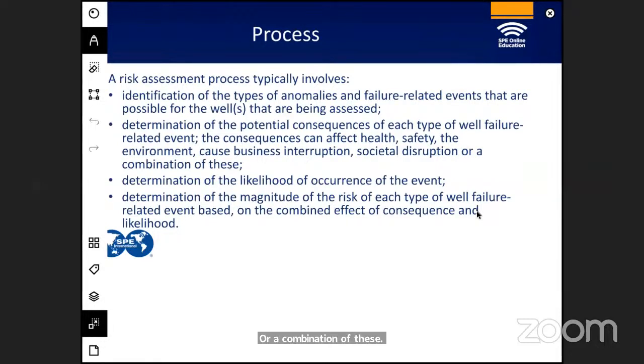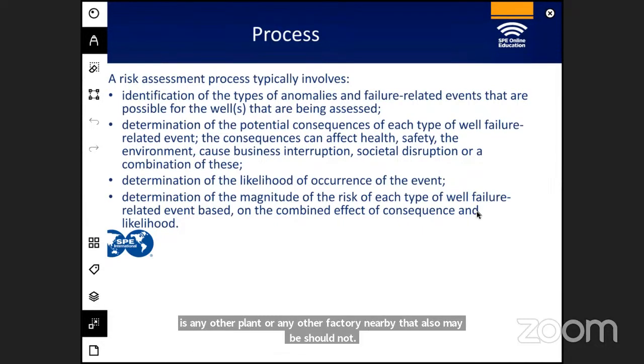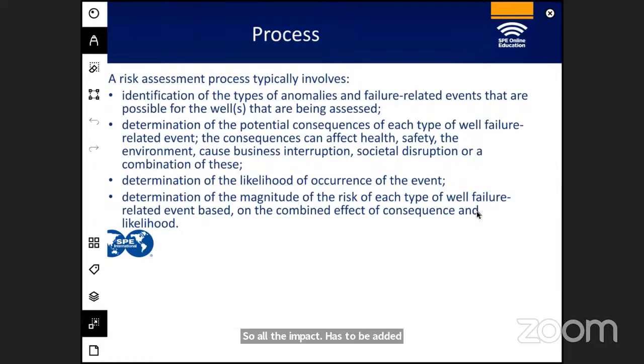Suppose a gas leak happens and there is a nearby locality where people are staying, then the people have to be evacuated from that area. The production may have to be shut down. If there is any other plant or any other factory nearby, that also may be shut down. So all the impact has to be added together, and that will be the cumulative consequence for that event to happen.